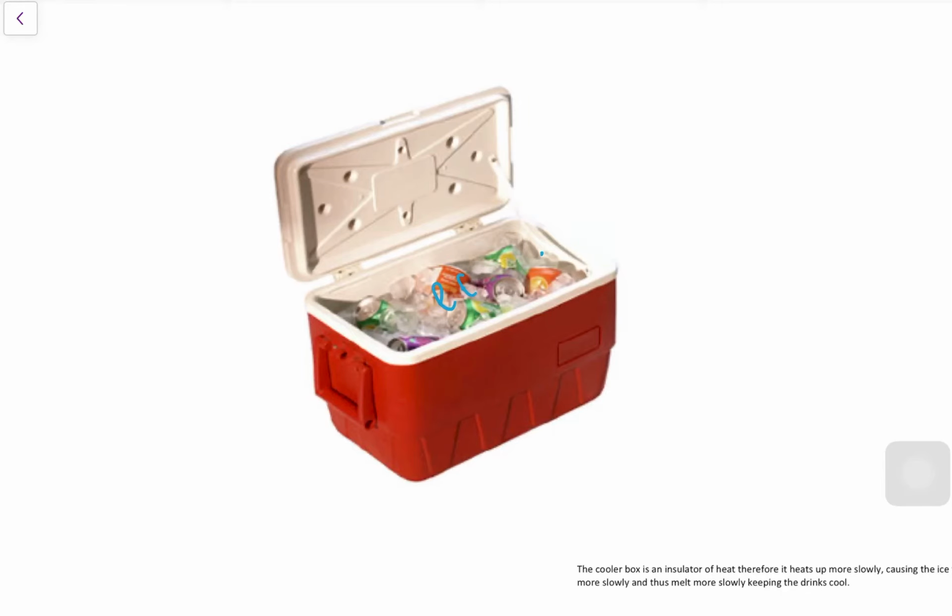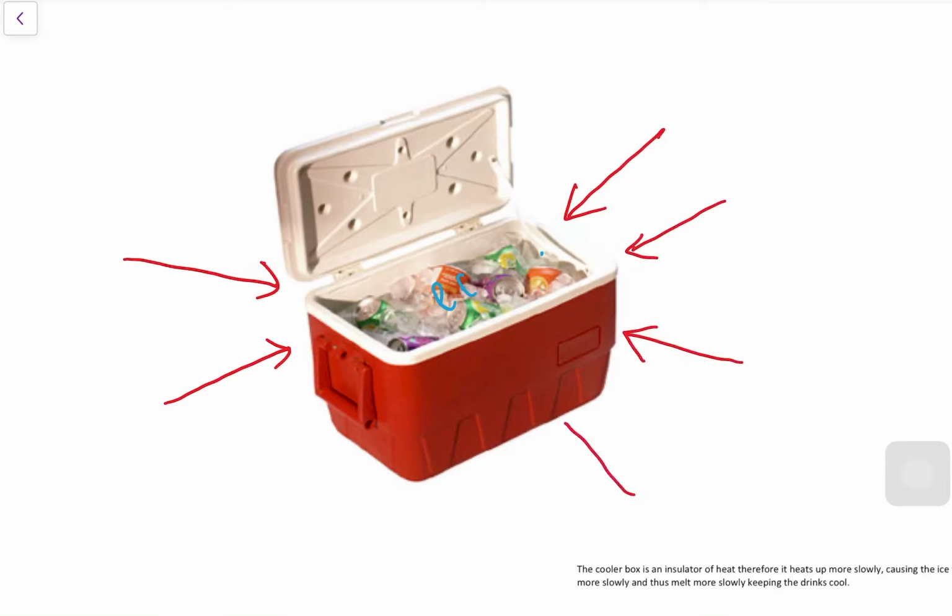So you are going to a family picnic and you want to keep your drinks cool. Why is it that you use this cooler box over here? With the knowledge that we've gained about materials and materials which are insulators of heat, we learned that since this is made out of an insulator, heat energy from the surrounding cannot pass through this material easily.